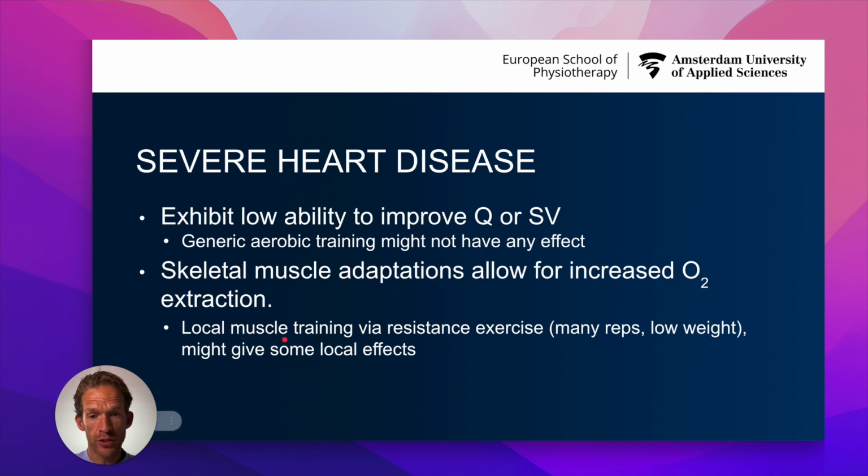So with low resistance and high repetitions, you could still stimulate local aerobic improvements that will then cause the utilization of O2 locally to increase. So potentially you can increase the AVO2 difference, and with a constant yet restricted cardiac output, you could still upgrade the VO2 at least slightly.